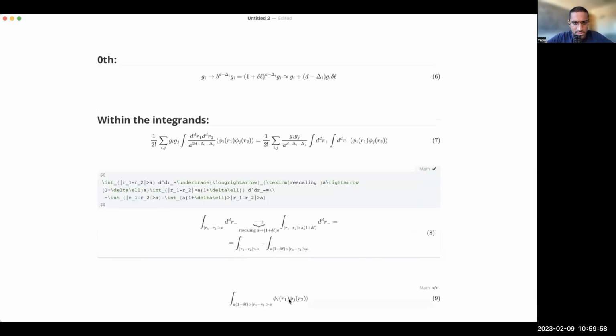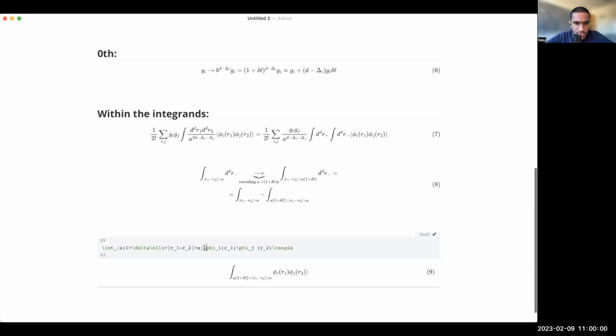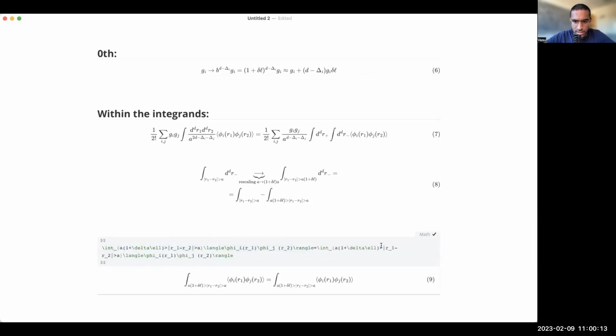Okay, so let's do L angle here. Okay, and so what can I write this as? I can really write this in terms of the OPE expression replacing what's happening inside here.